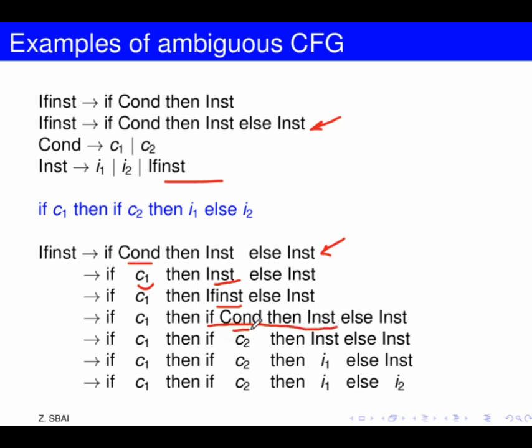Then for this condition, it will be substituted by C2, and then we will have this non-terminal symbol inst that will be substituted by I1, and the last inst here will be substituted by I2. And here we have another way to derive the string. And given this possibility to obtain one string from two possible derivations, we will say that this grammar is ambiguous.